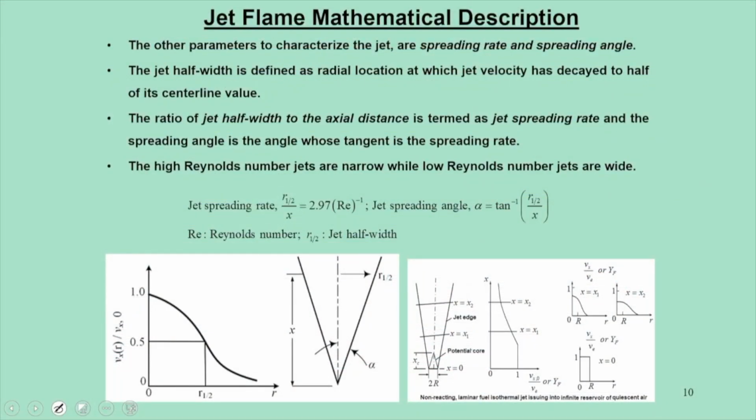Another important parameter of quite interesting value is the jet spreading rate. So jet spreading rate is a concept we are looking at, where we define a parameter which is the jet spreading rate and spreading angle.